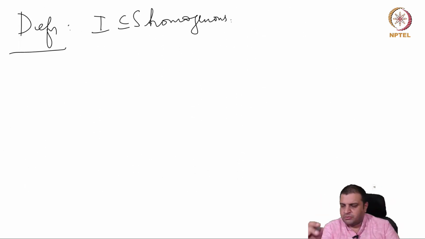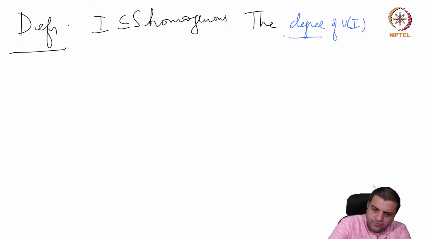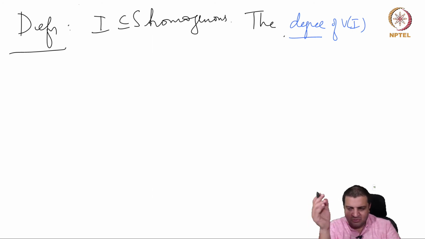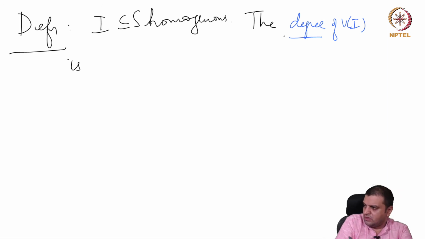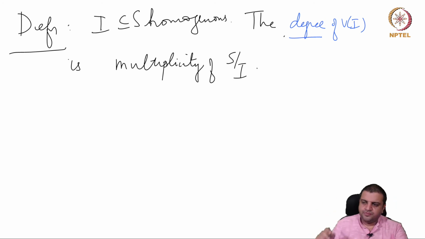Definition: I inside S homogeneous. Again, no assumption on K here. Then the degree of V(I), which is thought of as a closed subset of Proj of S (the correct word is subscheme, but since we haven't defined those things, I won't use it), is by definition the multiplicity of R/I, S/I.